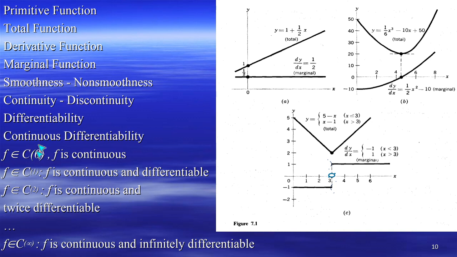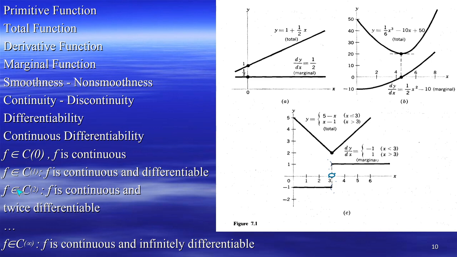C to the power 0 it should be, like C to the power 1 in parentheses and C to the power 2 in parentheses, which means f is an element of C0, f is a continuous function, but it's not necessarily differentiable. Its derivative may not exist. If f is an element of C to the power 1, it means it is a continuous and once differentiable function. You can take its derivative once.